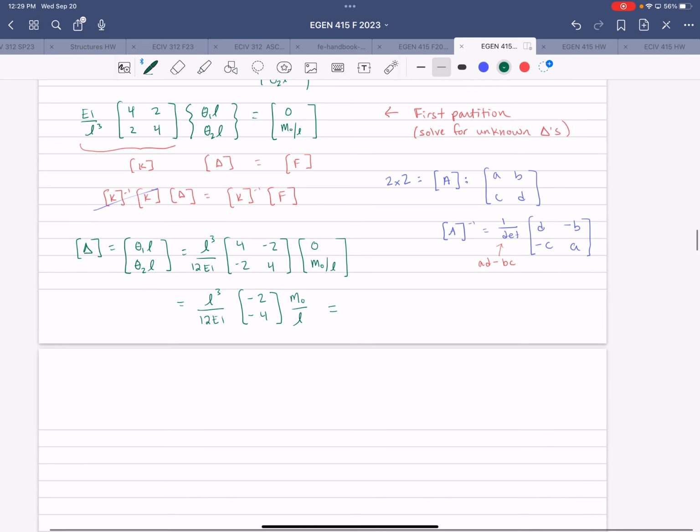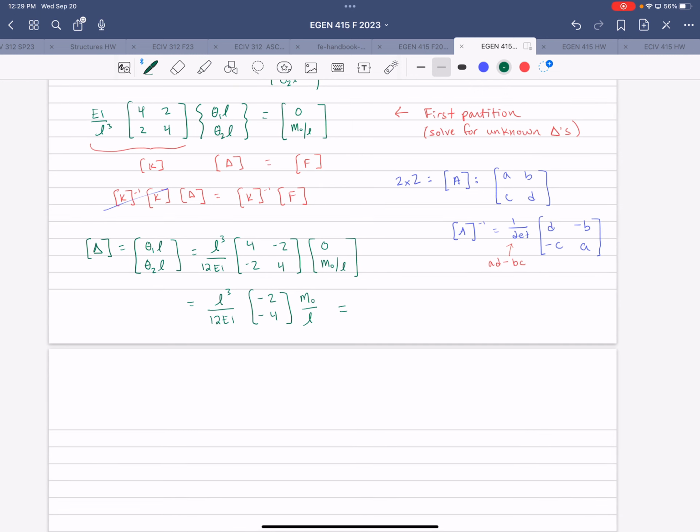We'll work with it. So I'm still going to continue this thought here. So this is just calculating this out. Well, I'll simplify it since we're going to use it again. So that's going to be m naught L squared over 6EI times negative 1 and 2.